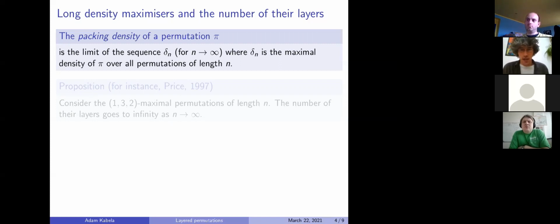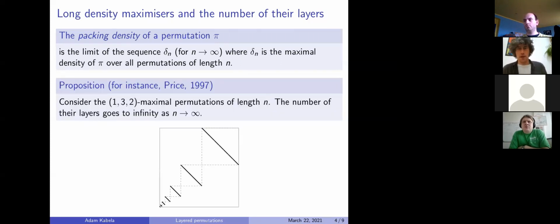Now here's the first result in that regard. So think of the permutation 1, 3, 2. It's a layered permutation. It has two layers. First layer is a singleton. Second layer is of size 2.